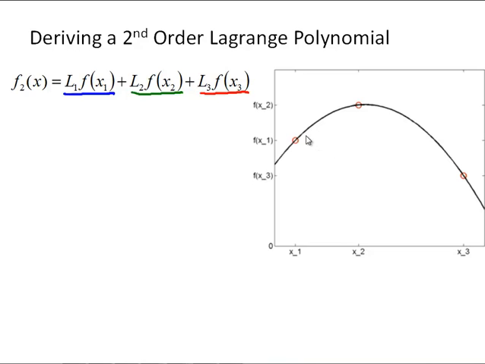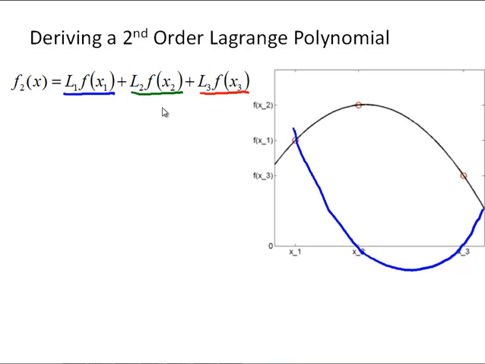So it might look something like this if we imagine that quadratic. It's equal to f of x1 at x1, but when we get to x2 it is equal to 0, and at x3 it's equal to 0. So that L1 f of x1 might look something like that.